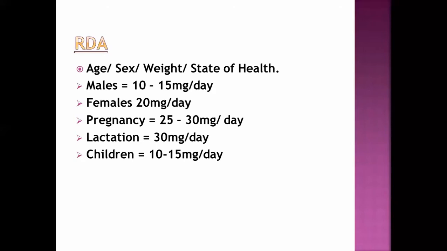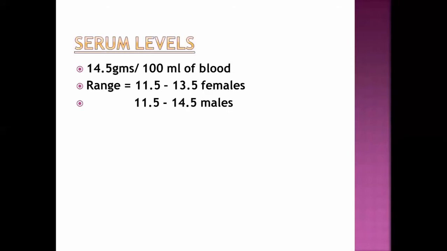Iron should not be given in the first trimester of the pregnancy, only folic acid. Iron therapy starts in the second and third trimester. Lactating mothers also require 30 milligram per day. Children require 10 to 15 milligram per day. These are the daily required allowances of the iron for humans at different age groups, sex groups, from weight point of view and state of the health point of view.